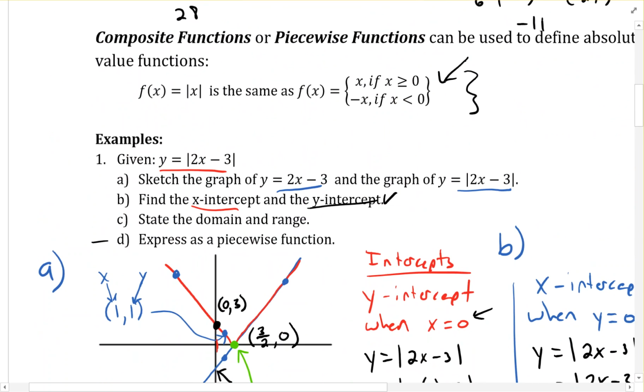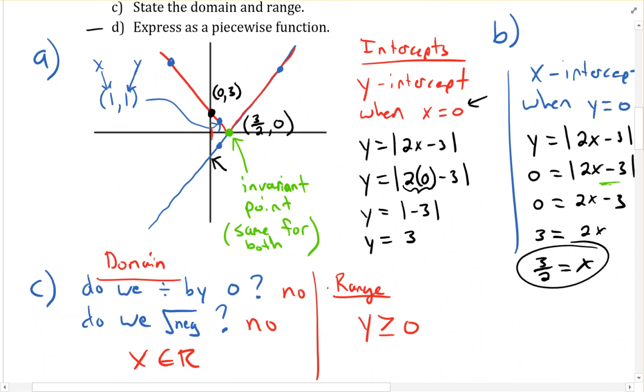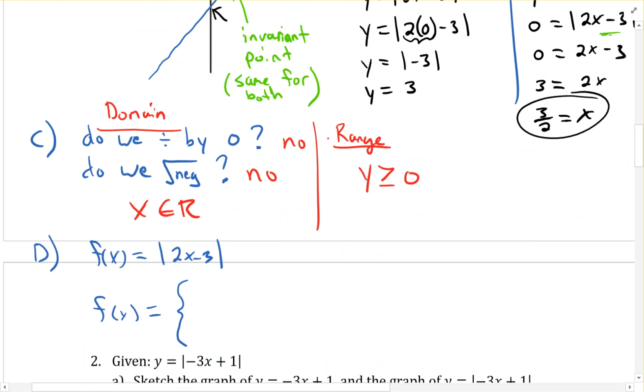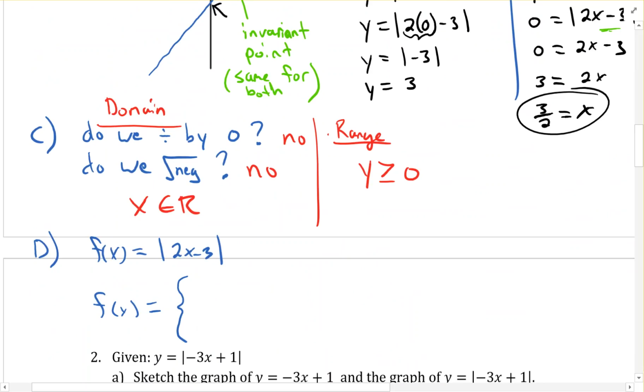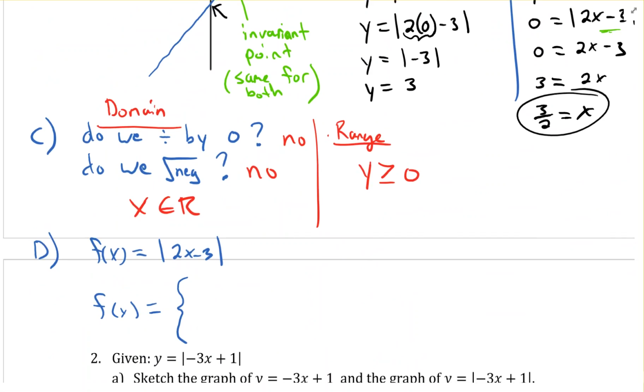So what we're going to do is we're going to say where it's each kind of function. So really, we're splitting this thing into 2 pieces right at the invariant point. So we're going to say past this point, what kind of function were we using? To the left of that point, what kind of function were we using? So the first piece is going to be just positive 2x minus 3 when x, now I'm just going to say when are we using that function?